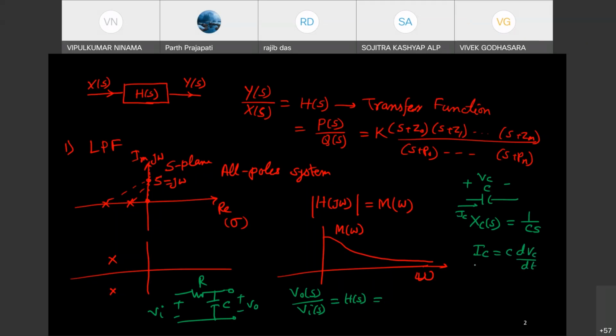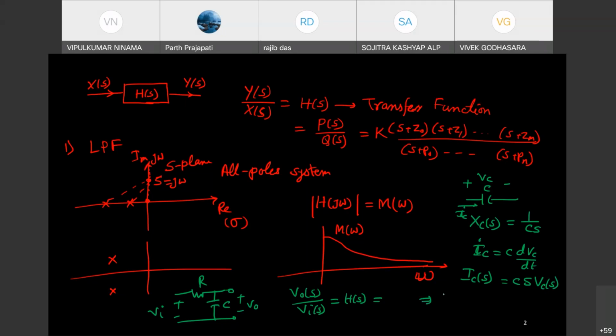So if you take Laplace on both sides, with small ic, then capital Ic of s in the Laplace domain is C and the derivative. If I consider that it is initially relaxed, there is no initial voltage, then it is simply C into s into Vc of s.